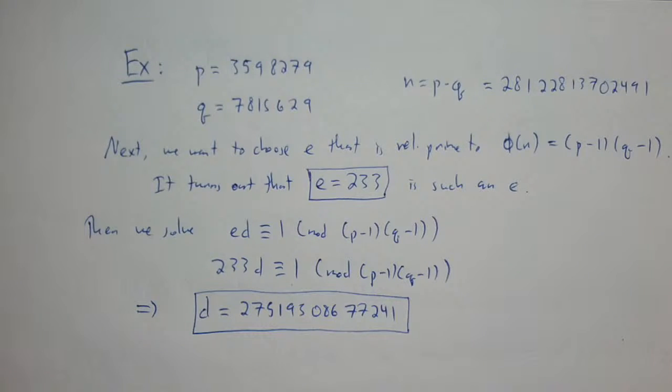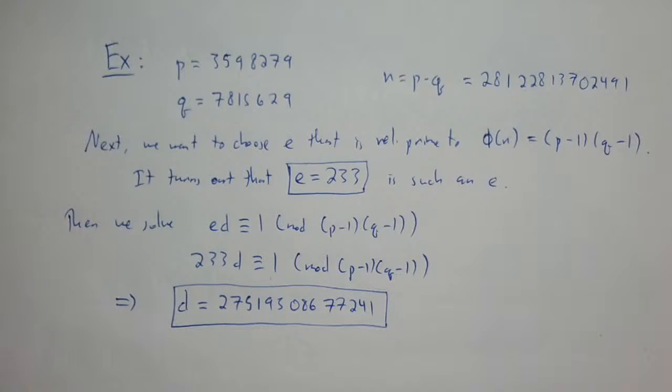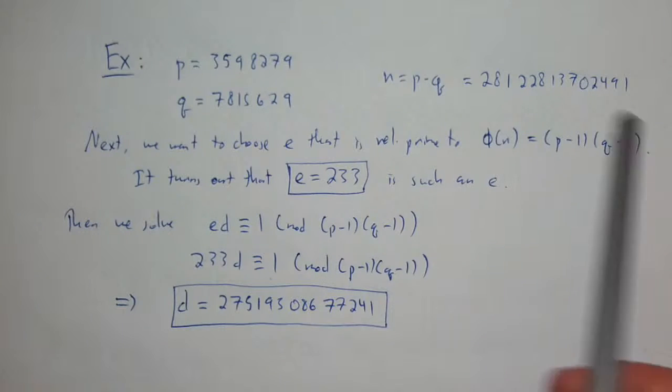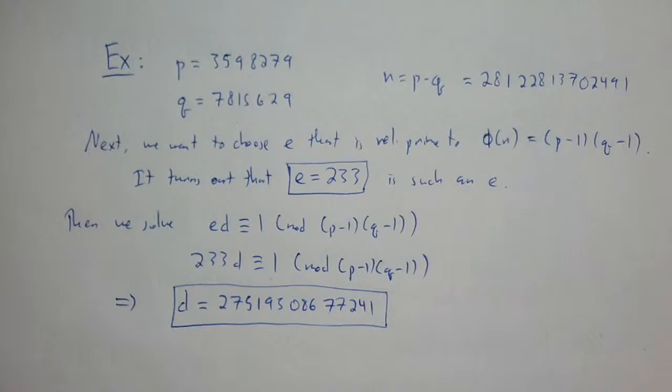Multiplying them, I don't need to explain what's going on there. You use your favorite computer and multiply those 2 things together. Then I'm looking for an E that's relatively prime to phi of n. Computing phi of n is again a multiplication. Picking a number that's relatively prime to this is not too hard. Tons of options that you could pick. This is just one that we selected. So again, there's really nothing to explain up to now.